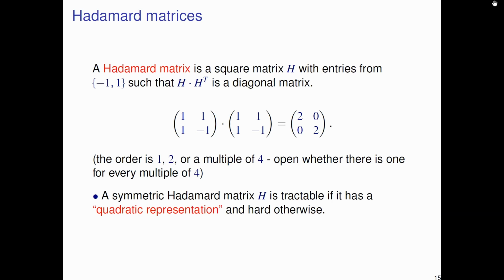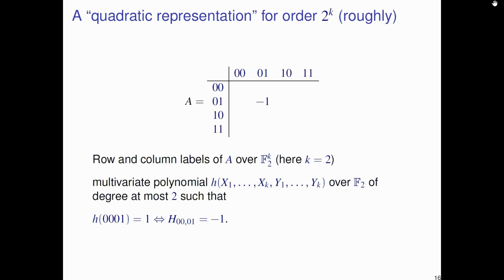To get tractability, the Hadamard matrix has to be represented quadratically, in the sense that if you label the rows and columns over a field of size 2 to the k, then you can define a multivariate polynomial of the variables indexing the rows and columns, which is quadratic and tells you where the minus 1s are.